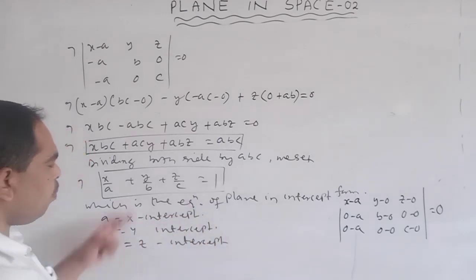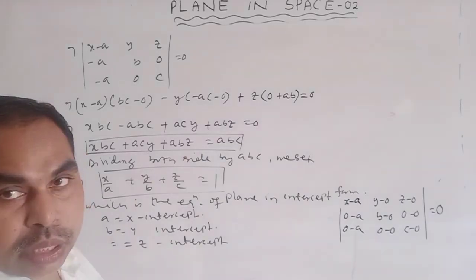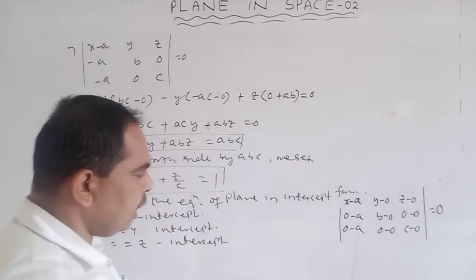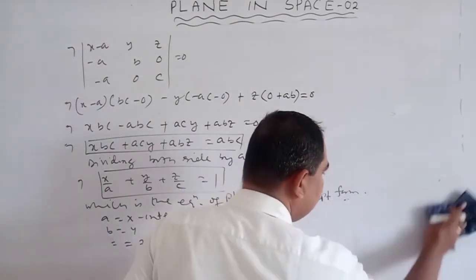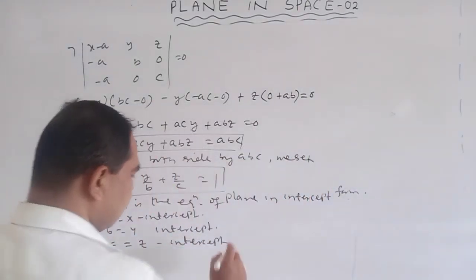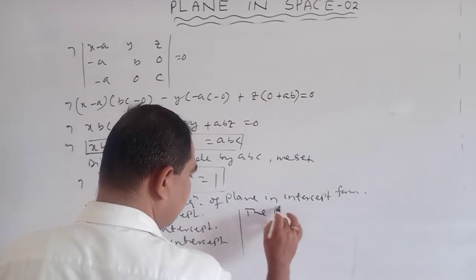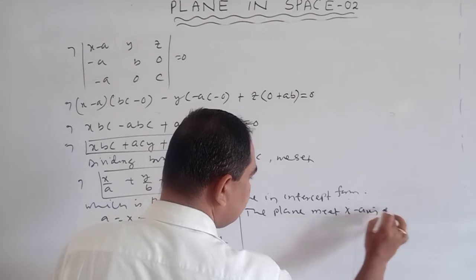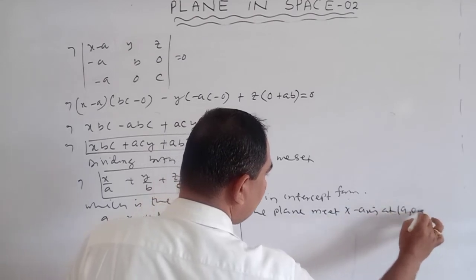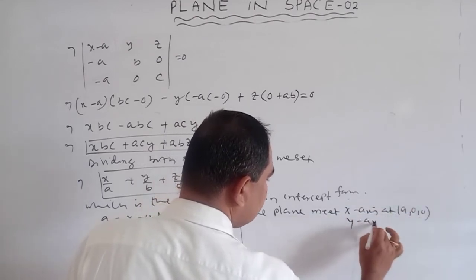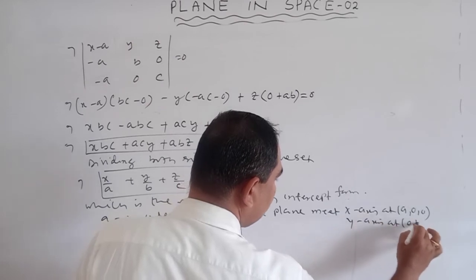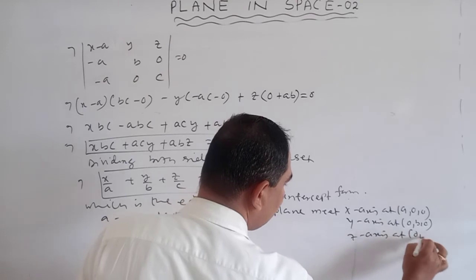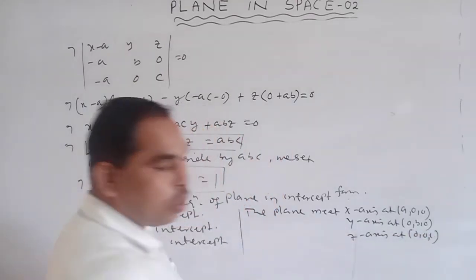And the plane meets the x axis at (a, 0, 0), the y axis at (0, b, 0), and the z axis at (0, 0, c).